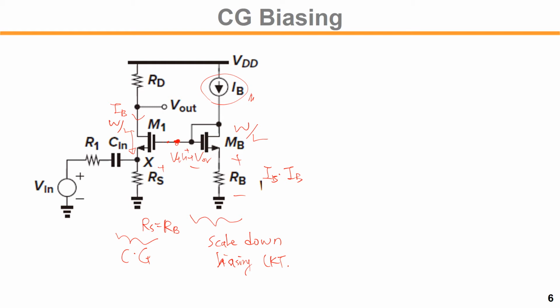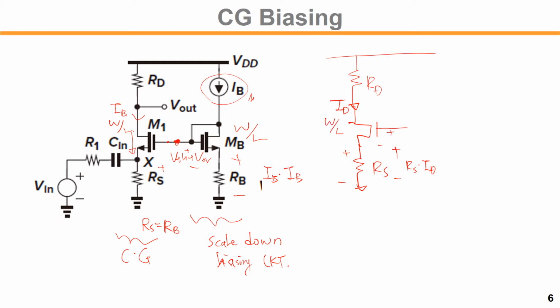Our target biasing would be, starting from here, the ID current flows through RS, which sets up RS times ID, and then for the given size of the transistor we'll have a VTH plus V overdrive, right?